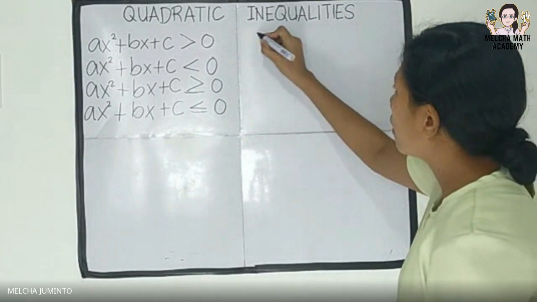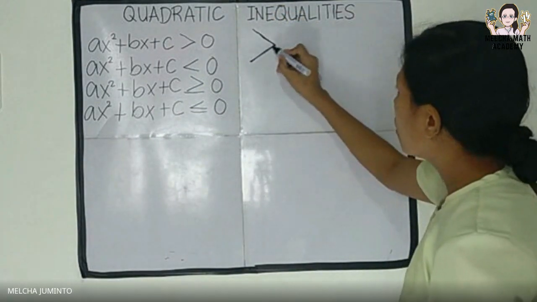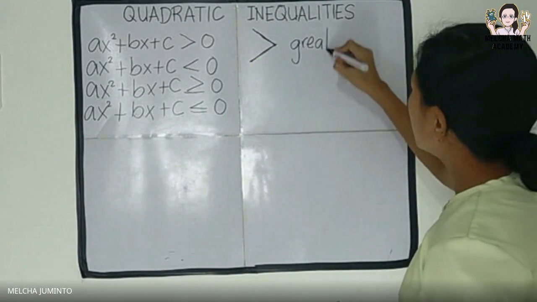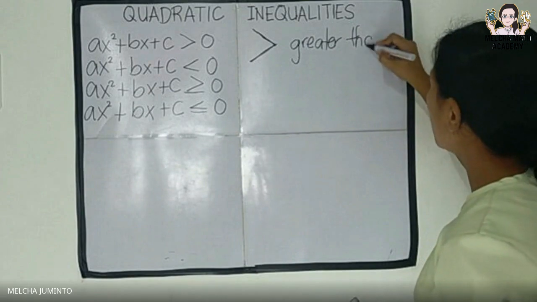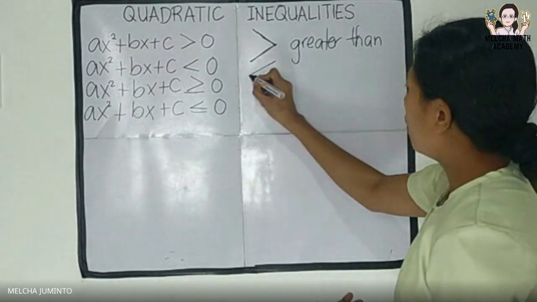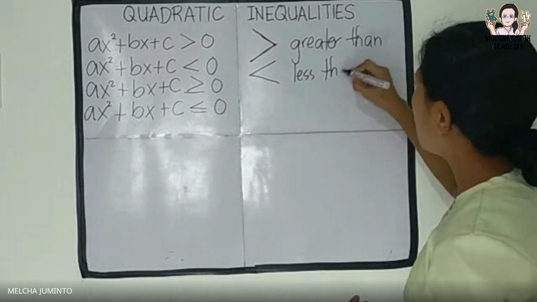Even in your elementary years, you already learned that this symbol is greater than. So this is the first symbol that will be used in quadratic inequality. Next, if it goes the other way around, it is the less than symbol.